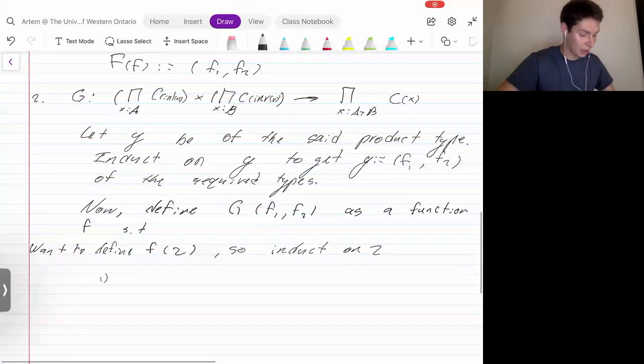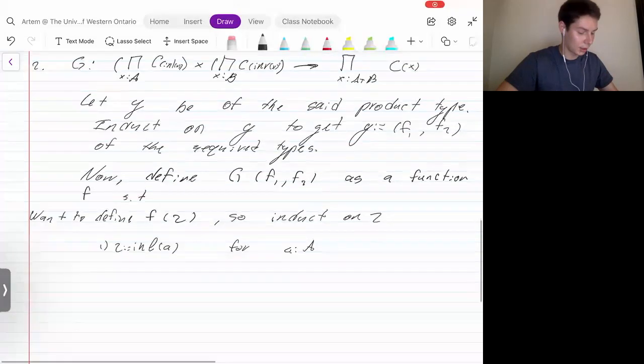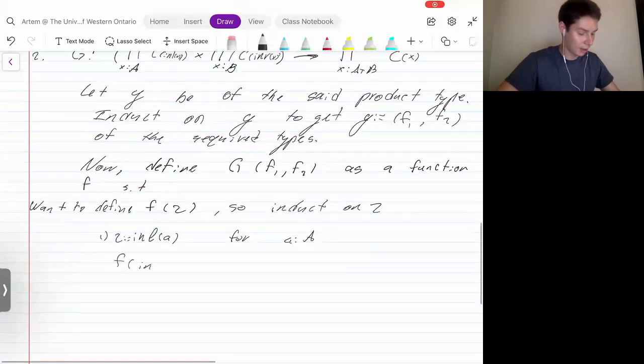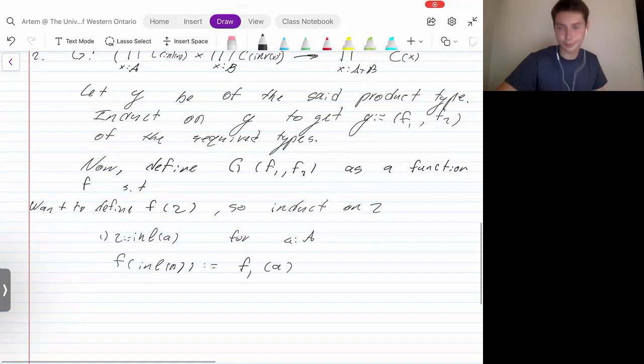First case is if it's inl a for a in A, then f of inl a is, of course, f1 at a.